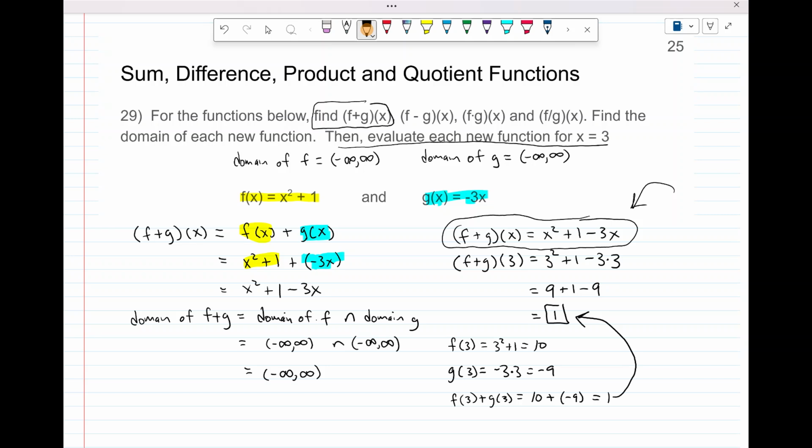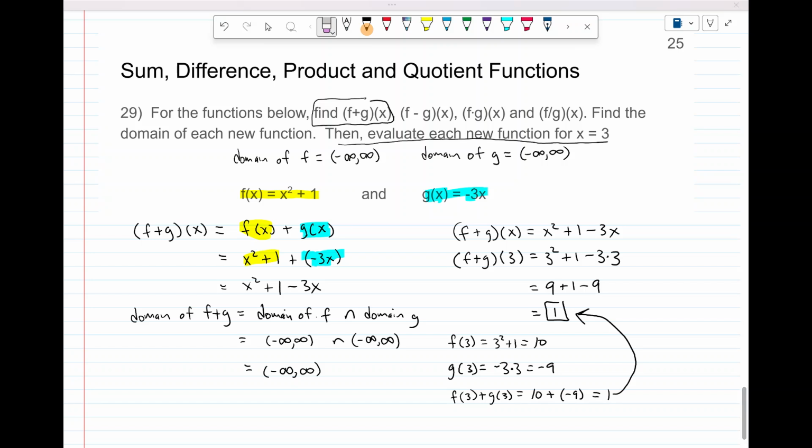So we end up with one rule that will always tell us what the sum of those two functions will be for any x value. All right, so that's the sum function.